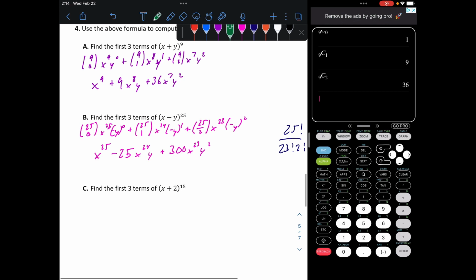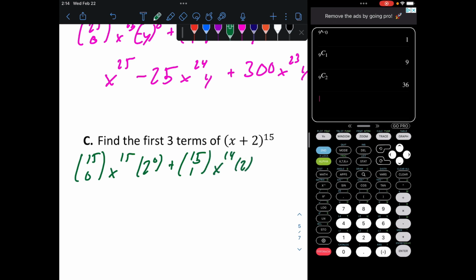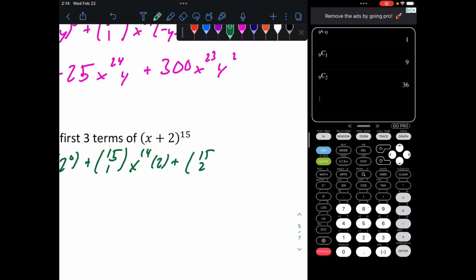All right, letter C. So we have 15 choose 0 of x to the 15th times 2 to the 0, plus 15 choose 1 x to the 14th times 2, plus 15 choose 2 x to the 13th times 2 squared.